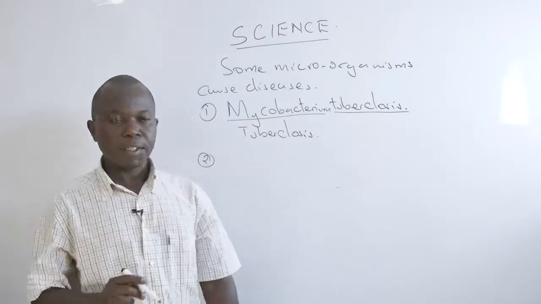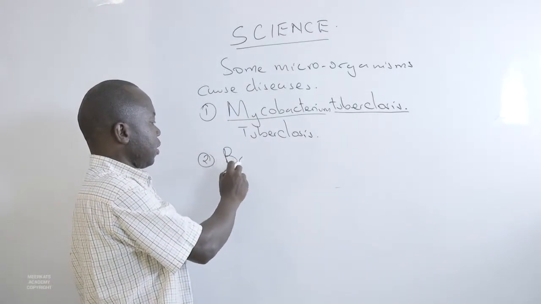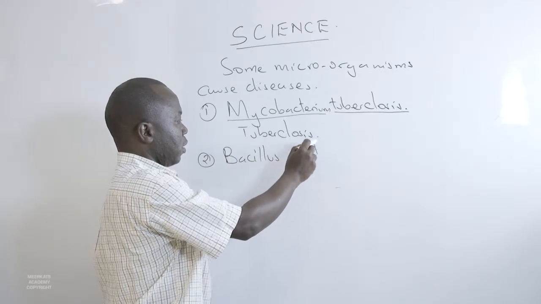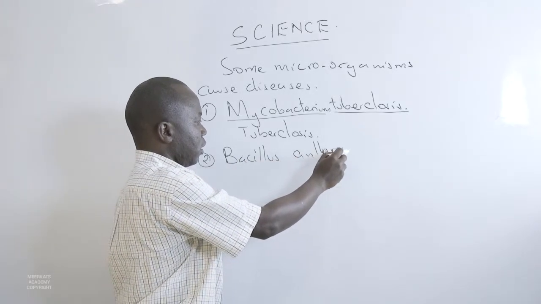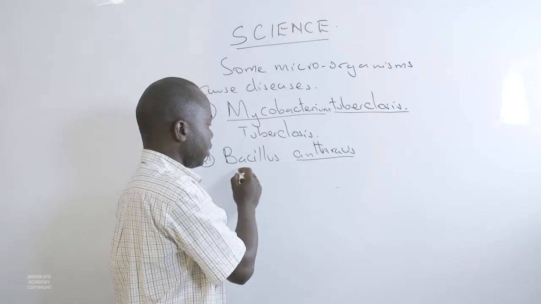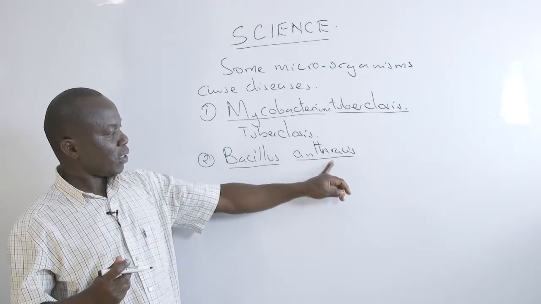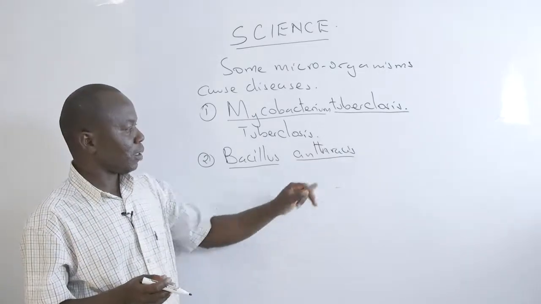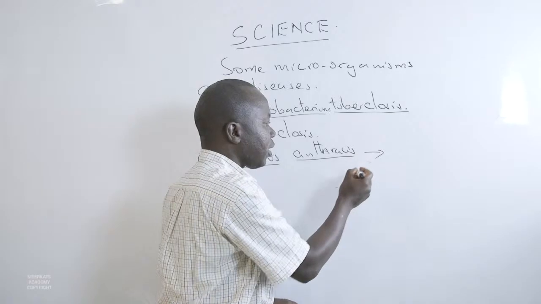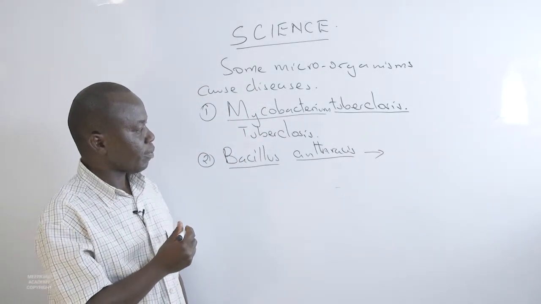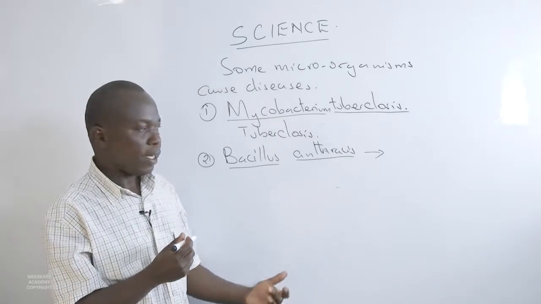Others, for example, Bacillus anthracis. Again, the last part of that name, the species name, can give us the name of the disease caused by that microorganism. You can coin a name from that.